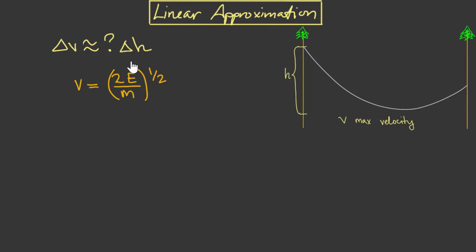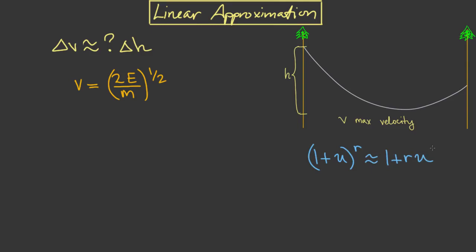So to do this, we need to find an expression for the new maximum velocity. In coming up with this expression, we are going to need to take a linear approximation of a function of the form (1 plus u) to the r. That's right, we're going to use the linear approximation that you just found.